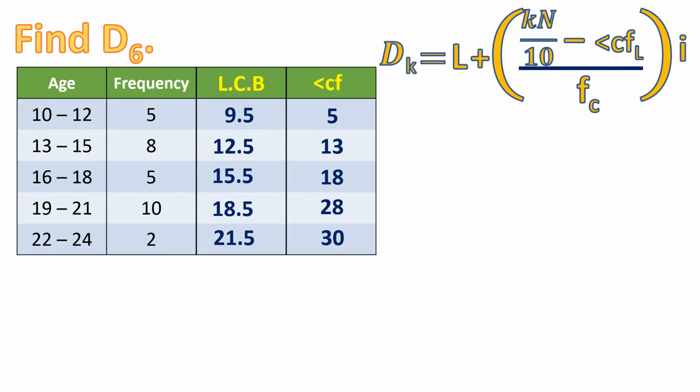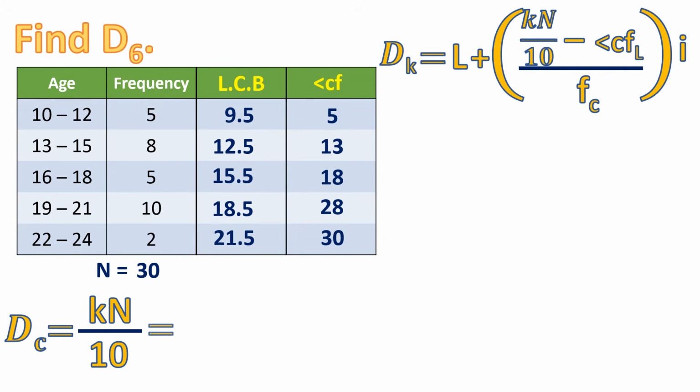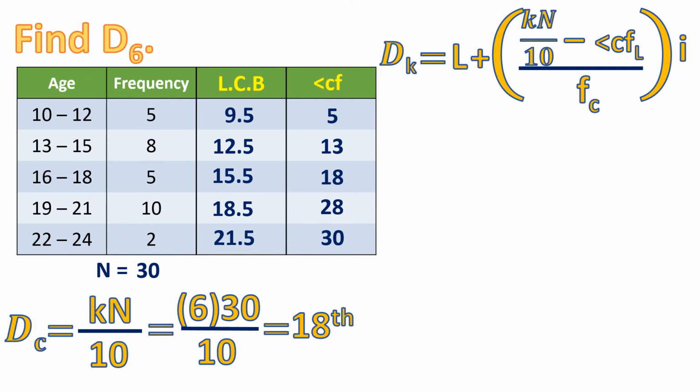And let's find the decile class, which is having this formula kn over 10 for decile, and n is, of course, that's total frequency of 30. So this is equal to, the k is 6 and n is 30 divided by 10. So 6 times 30 is 180 divided by 10 is 18. So we're going to find the 18th number. So based on the less than cumulative frequency, 18 is there. It's exactly 18. So that is now our row.